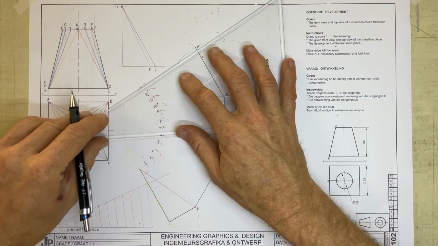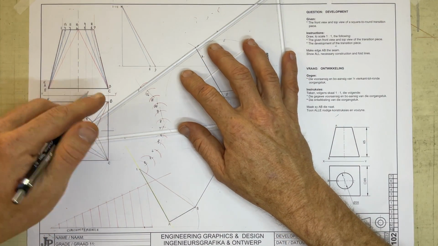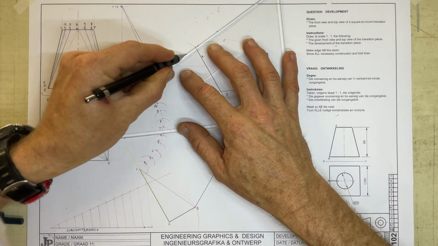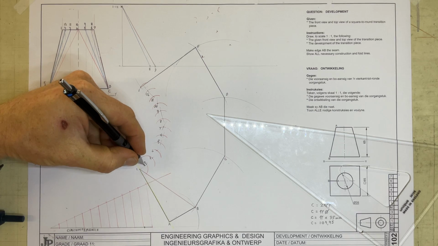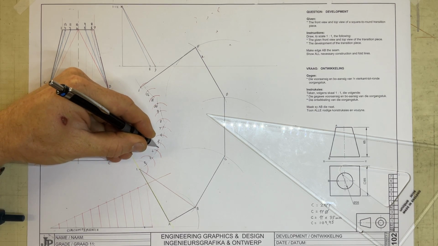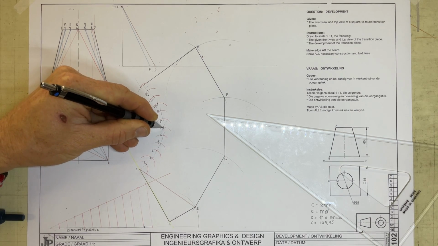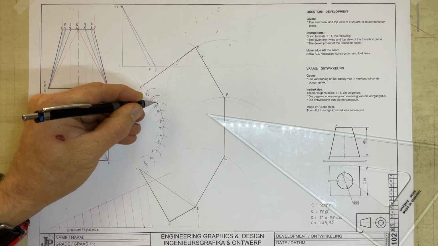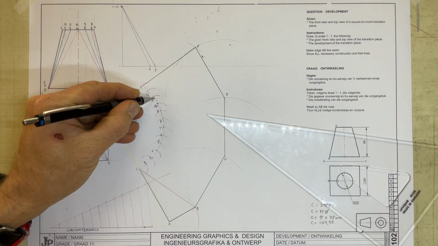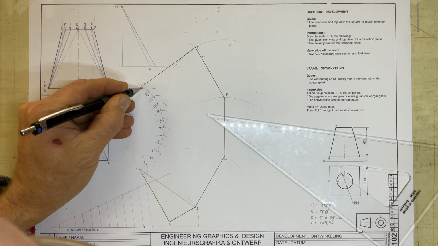I can link this up with a line going over here. And at the end of the day, I can now go dot, dot, dot, just between all of these points over here. And I could use a French curve if I wanted to, or I could just freehand this in.